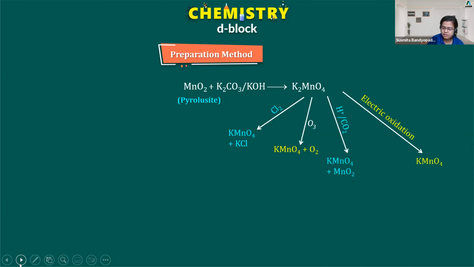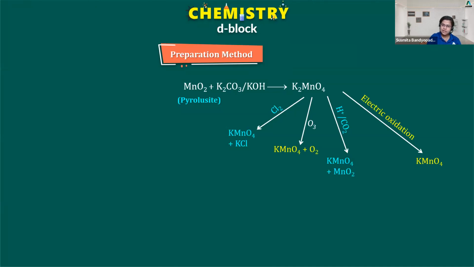This one we learned. In acidic medium, it disproportionates into KMnO4 and MnO2. Know that in the presence of O3, which is an oxidizing agent, it gives KMnO4 and O2. With chlorine, important students, K2Cr2O7 and KMnO4: as much information, preparation, structure, properties, try to not miss out these very important topics.